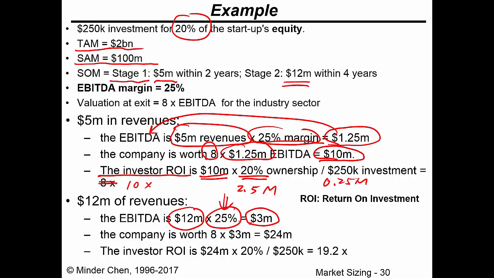And the company is worth 8 times that $3 million, which is $24 million. So the investor's ROI is this $24 million times 20%, his share of the equity ownership of the company, divided by the initial investment. That will end up to be 19.2, a factor of about 20, which is pretty good.